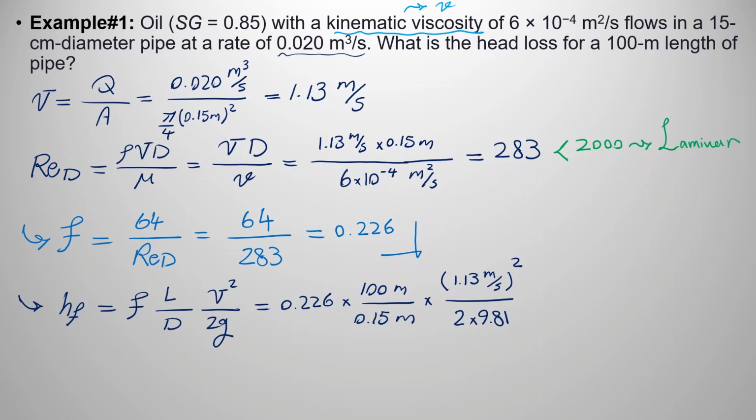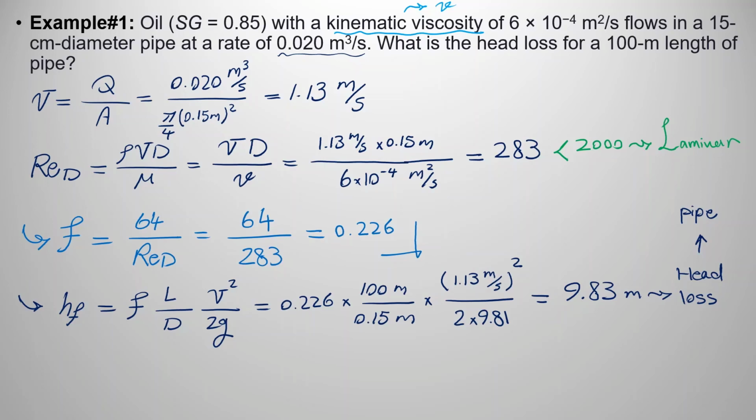Now, if you calculate this, the value for HF would be 9.83 meters, and this value is your head loss. What kind of head loss? It's pipe head loss, or friction head loss, or major head loss.